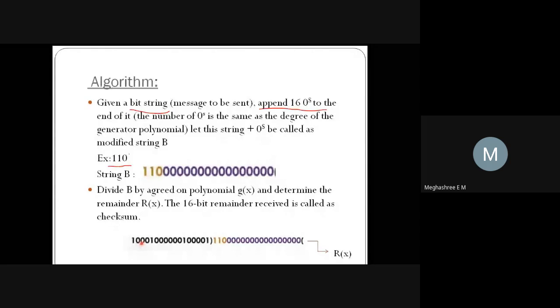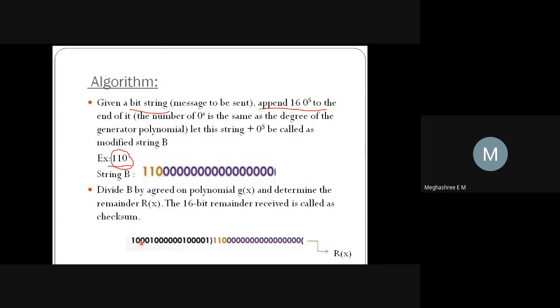Initially, consider the data string, which I have written in binary format, and append 16 zeros to it. Why only 16 zeros? Because the polynomial mentioned in the question gives that. This is the data that I want to send, and for this I'm assigning 16 zeros.